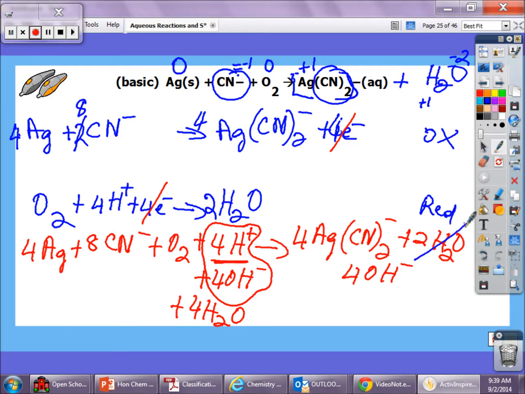I cancel those water and I reduce my water to 2. So this is your balanced equation. 4Ag plus 8CN minus plus O2 plus 2 water yield 4AgCN2 minus plus 4OH minus. So this shows it is in the basic solution because I end up with OH minus in our solution.